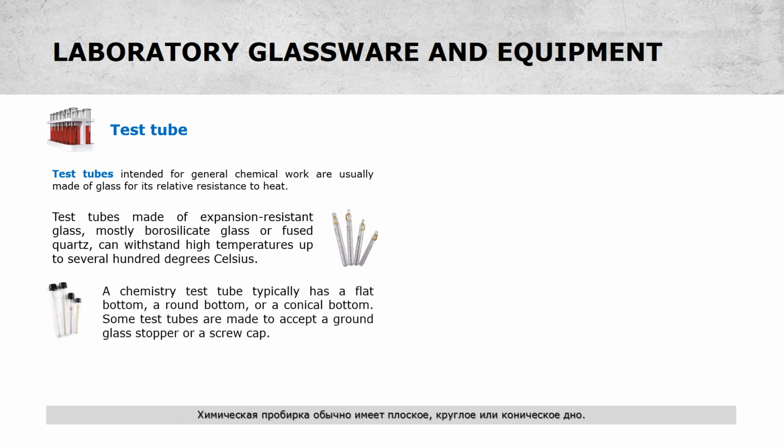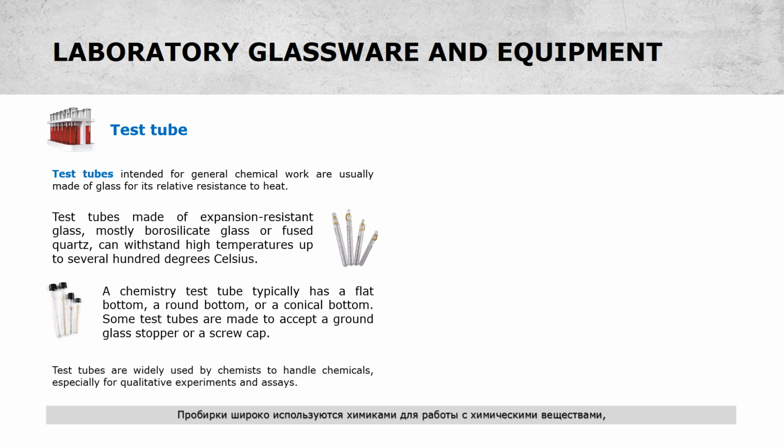A chemistry test tube typically has a flat bottom, a round bottom, or a conical bottom. Some test tubes are made to accept a ground glass stopper or a screw cap. Test tubes are widely used by chemists to handle chemicals, especially for qualitative experiments and assays.